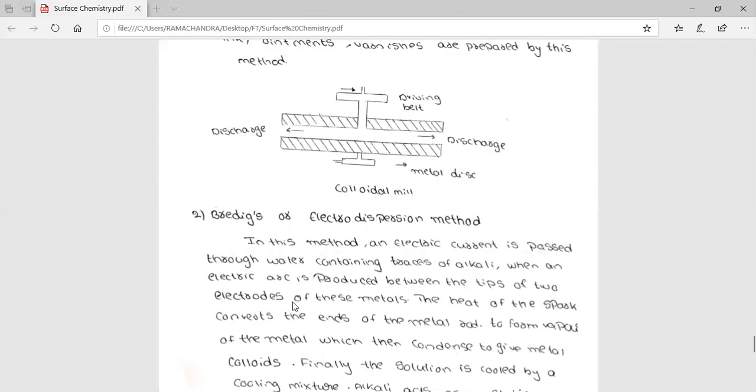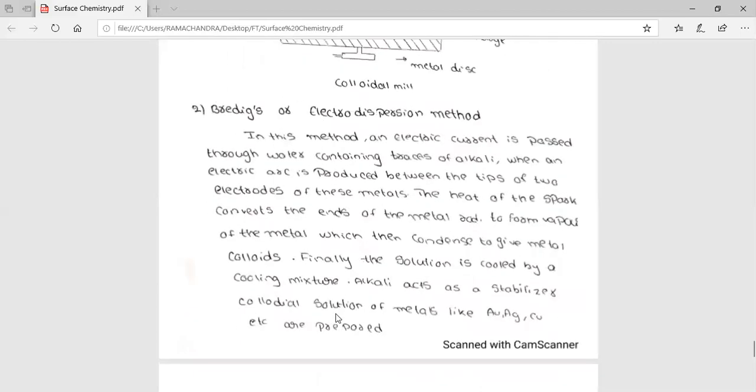When an electric arc is produced between the tips of two electrodes of these metals, the heat of the spark converts the ends of the metal rods into vapor of the metal, which then condenses to give metal colloids.